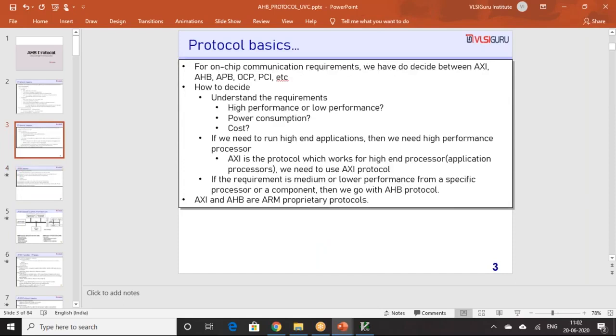I hope you got a basic overview of what a protocol is, what the categories of protocols are, what an on-chip communication protocol is, what peripheral communication protocols are, how you differentiate between protocols, and the difference between AXI and AHB. AXI is used for very high performance requirements, AHB is used for medium performance requirements.